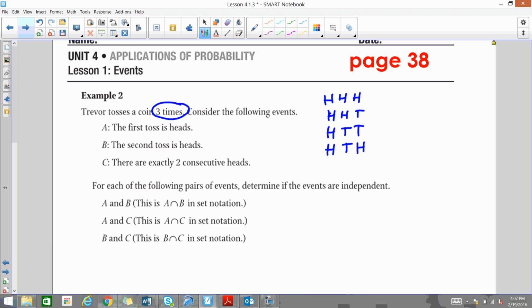That's the combinations of getting heads first, and then you can do tails, tails, tails; tails, tails, heads; tails, heads, heads; and tails, heads, tails. This is the sample space when you toss a coin 3 times.